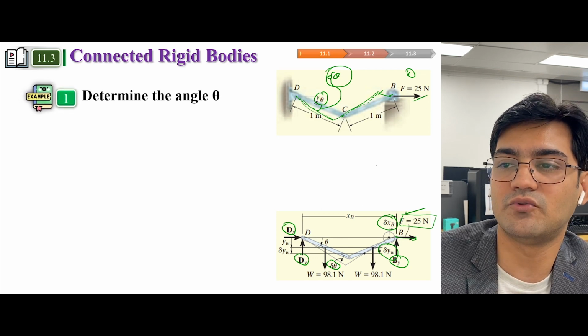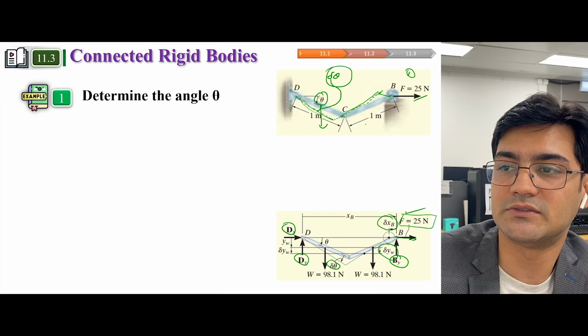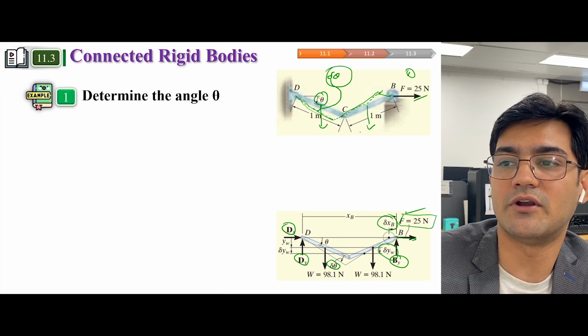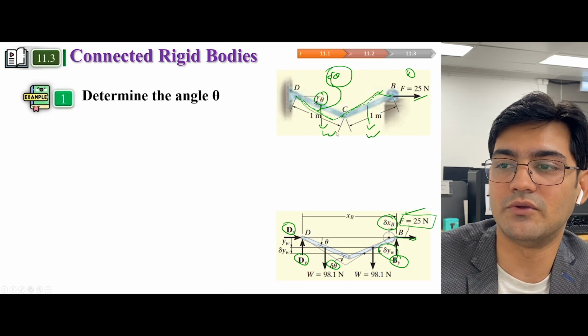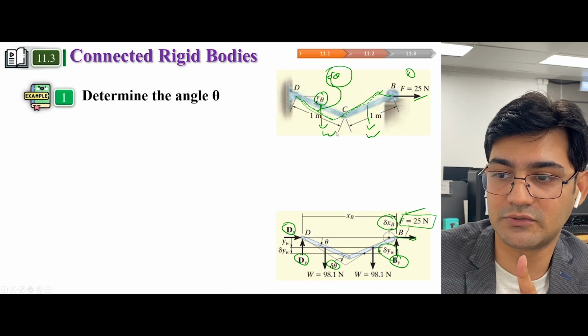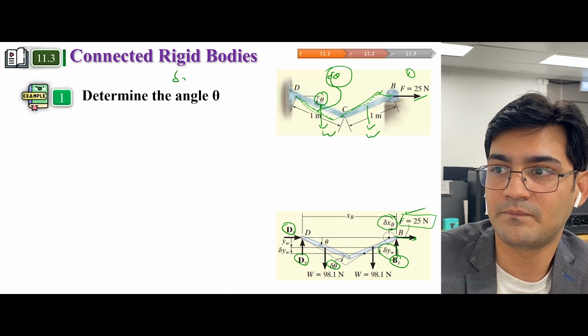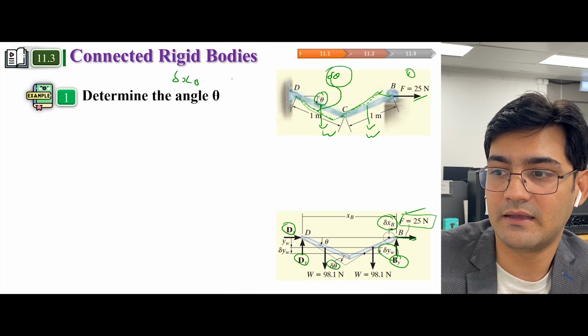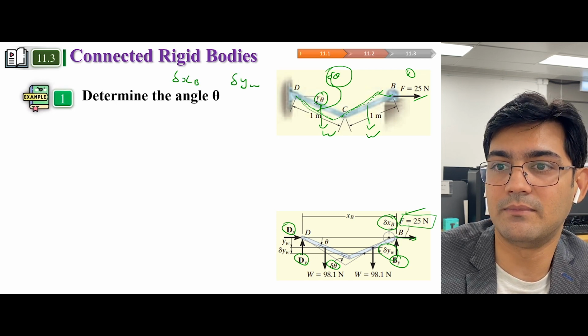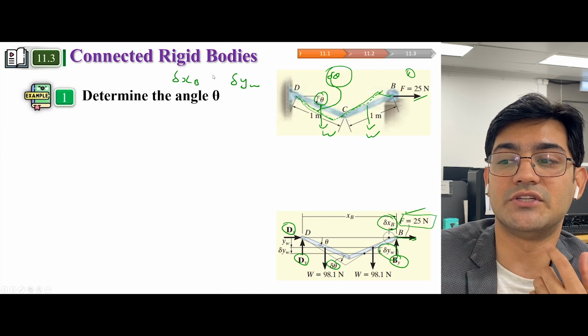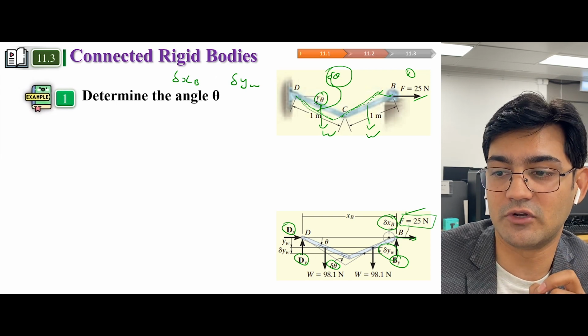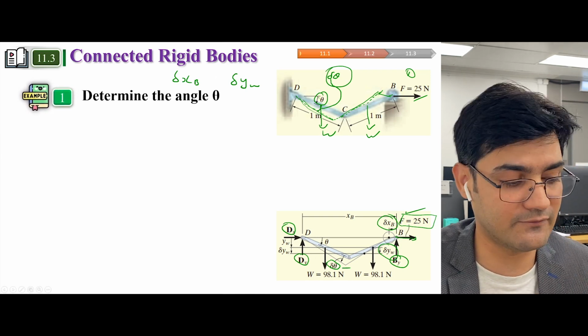And also we have two weights. These two connected bodies will also have weight W. So the first step is to calculate these delta xb and delta yw, which originate because of the virtual displacements which we have applied.